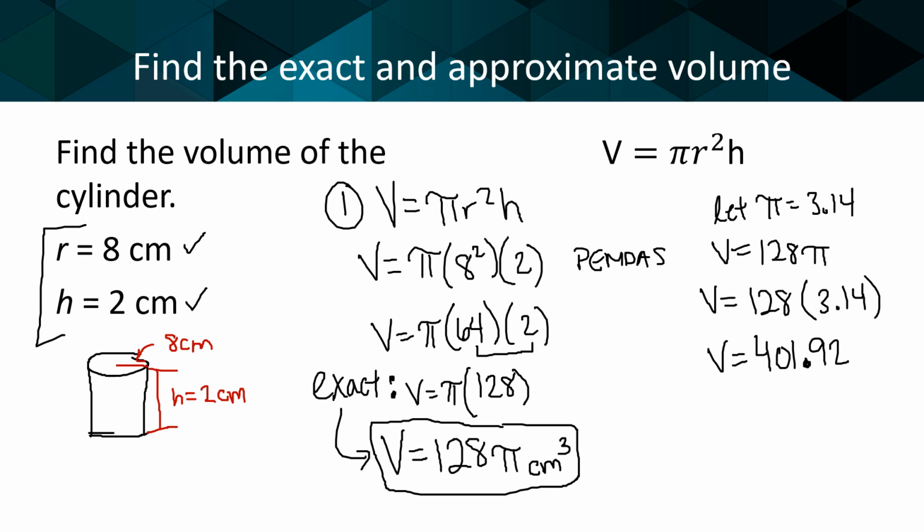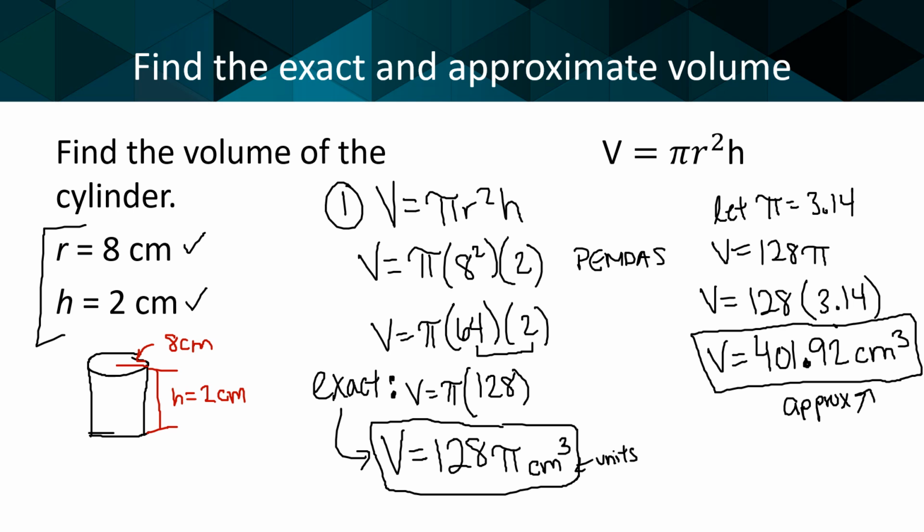Last part is we need our units. And we already found our units to be centimeters cubed, so I'm just going to tack that on the end here. So now we can see our approximate answer, and our exact answer.